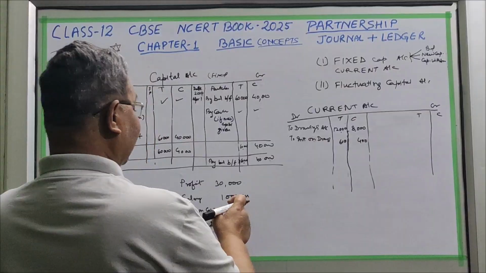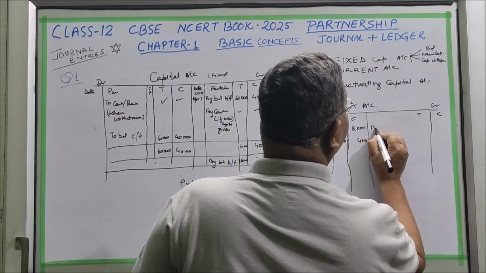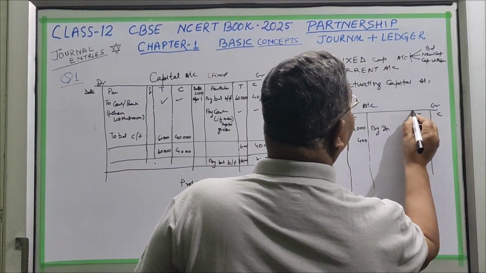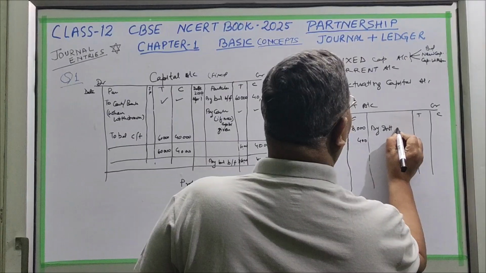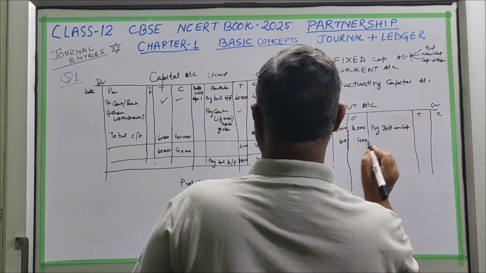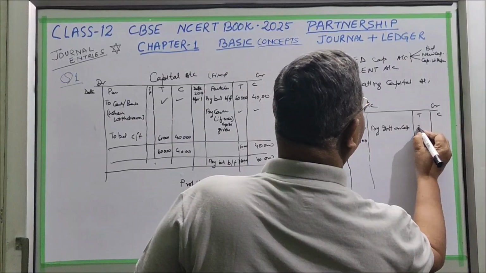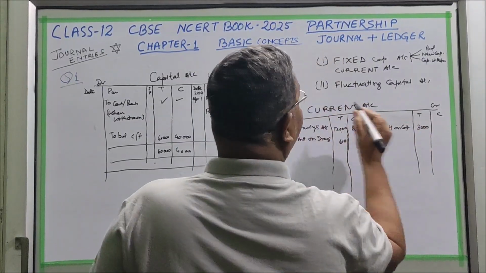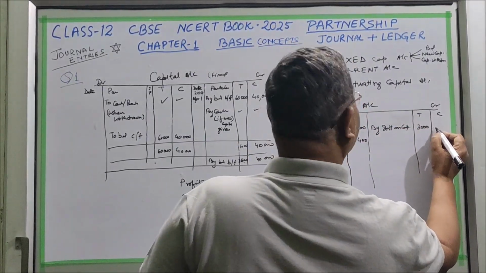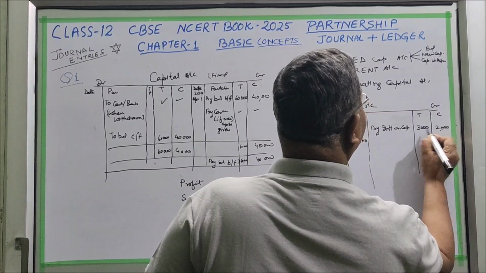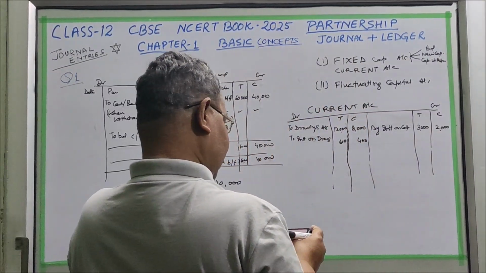They are also entitled to 5% interest on capital. In short, you can write by interest on capital: 3,000 and 2,000 is their interest on capital.